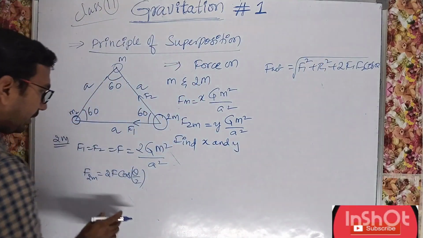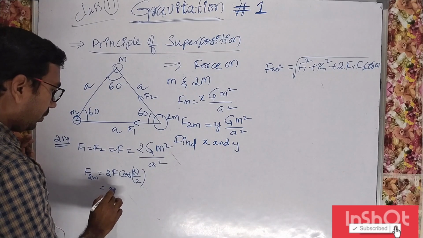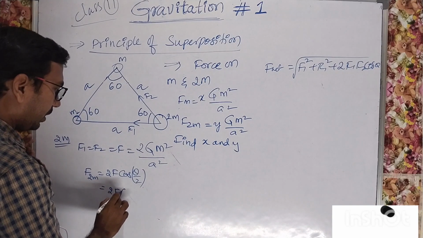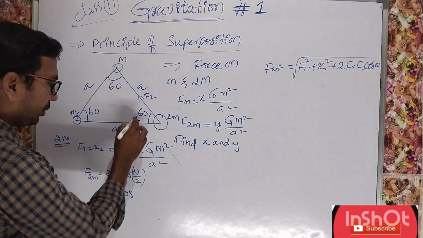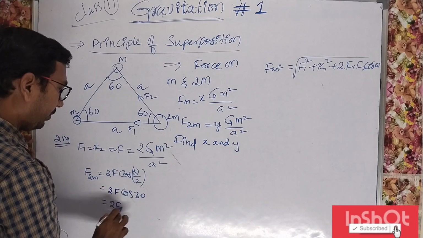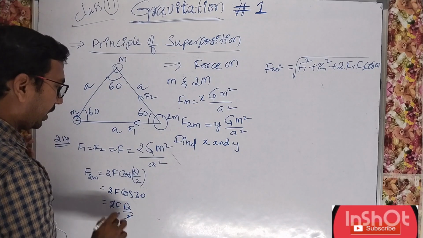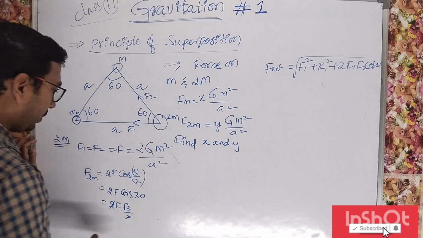So here 2F cos 60 by 2 means cos 30. So we can write 2F, cos 30 value is root 3 by 2. So these two cancel.